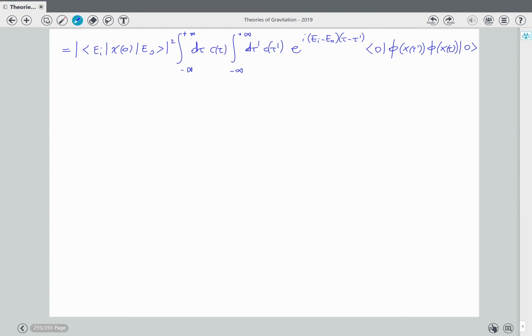So when I have a free scalar field, and remember this is a very simple description of the gravitational field, so we assume that it is a free massless scalar field.